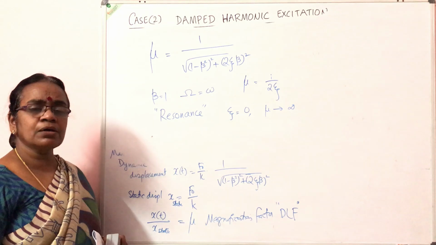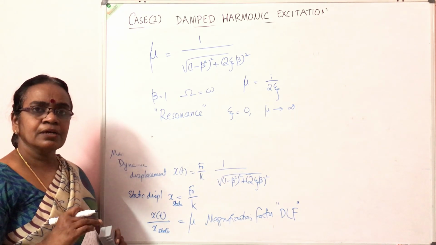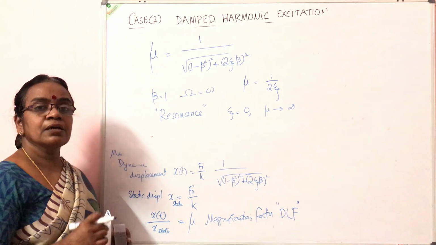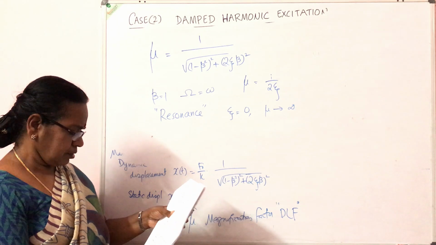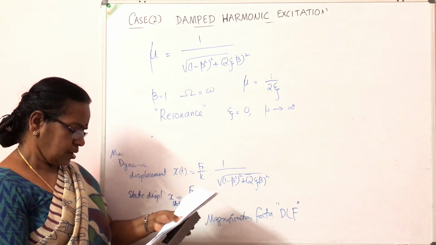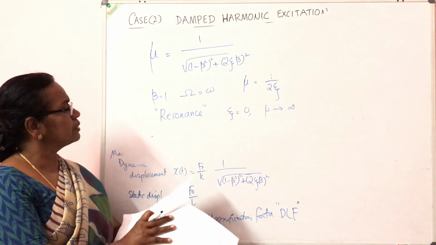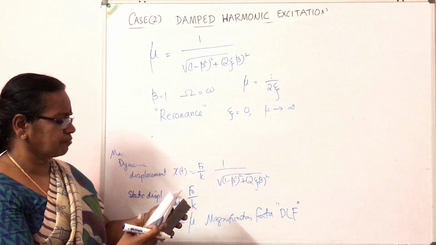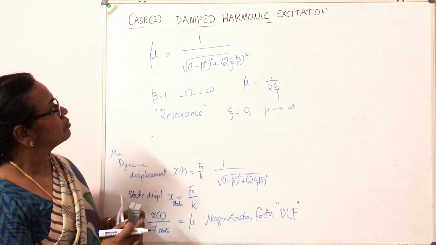So if the system has no damping, then at the resonance frequency, the displacements will be infinite or very large. So we can see how the magnification factor depends upon the damping as well as the frequency ratio.